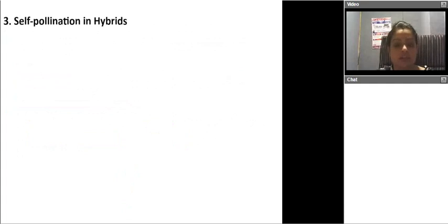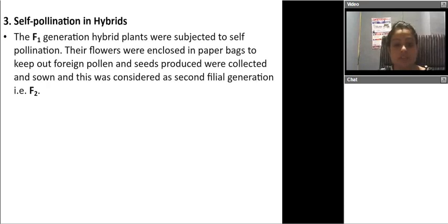Third is the self-pollination in hybrids. The F1 generation hybrid plants were self-pollinated and they gave rise to the second filial generation, which is also known as the F2 generation. So it is the second filial generation or the F2 generation which is formed as a result of self-pollination between the first filial generation.